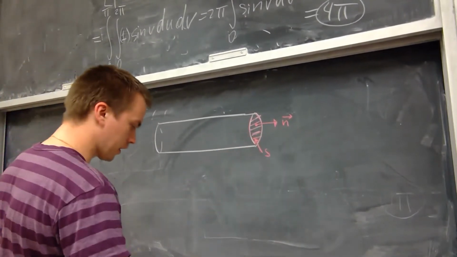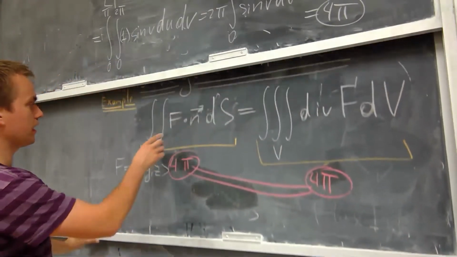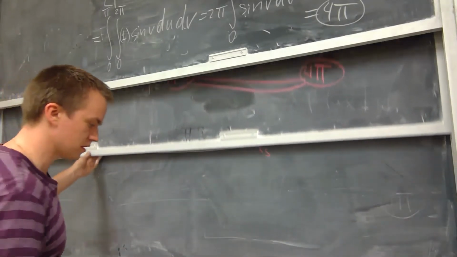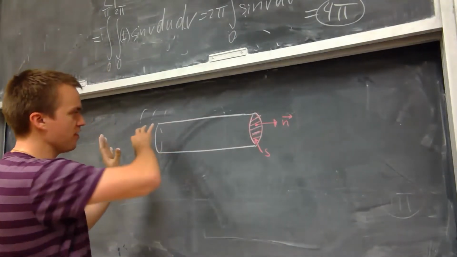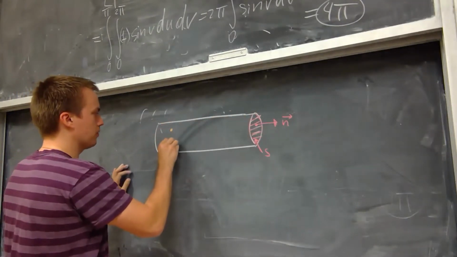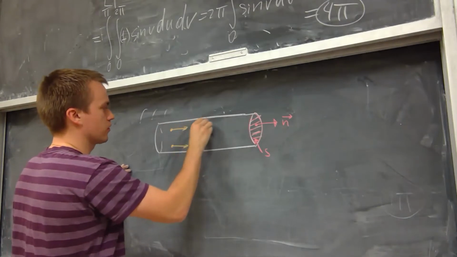So this is n. Let's first set up my S and my n, and let's discover this F. Let's take the simplest F, which is going to be the flow of the water. At every point I will make my F constant and pointing in the same direction.